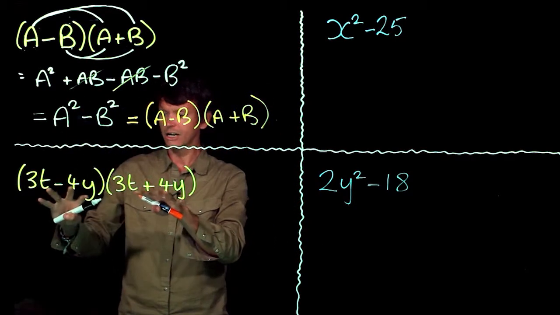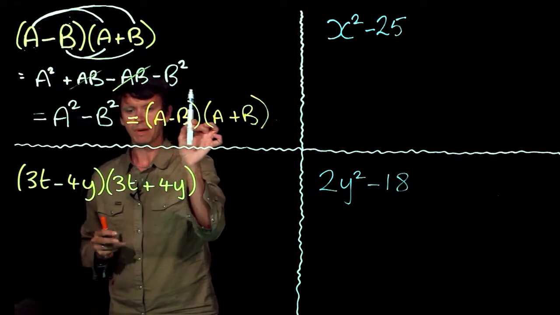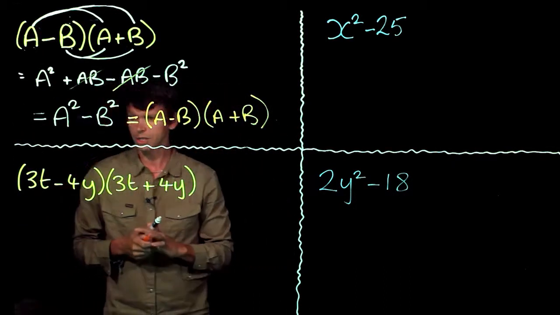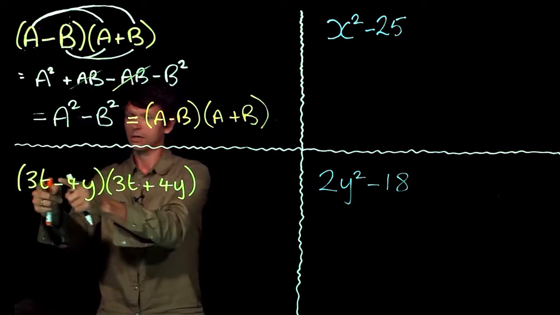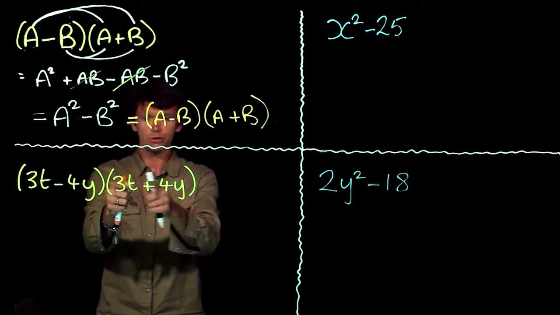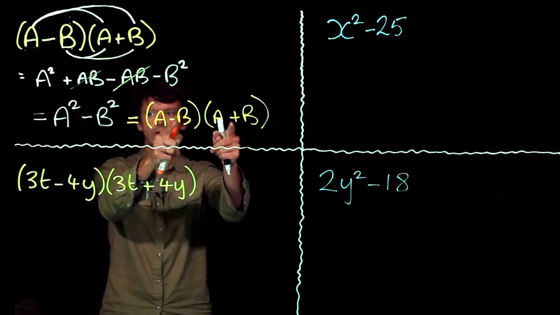Because when you see an example like this one, you could go through all this expansion, or knowing the difference of two squares, you could just think, right, I've got one term minus another multiplied by the same two terms, but a sum. I've got a difference and a sum, just like I've got here.